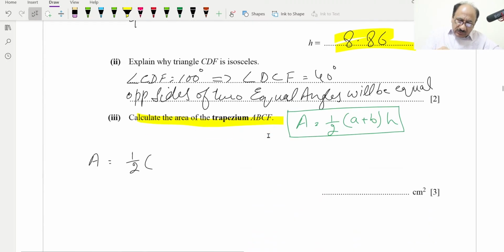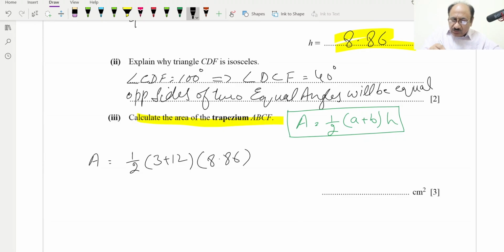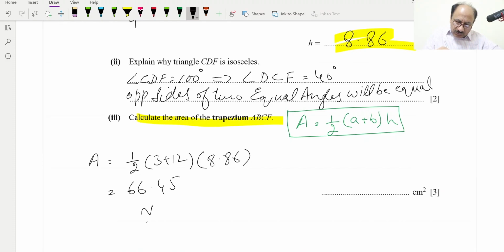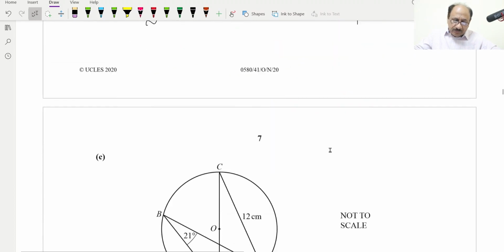So this will be 3 plus 12, and this will be 8.86, which is the height we have calculated, and we can multiply by 0.5. Multiplication of 3 plus 12 will be 15, into 8.86, and this will be equal to 66.45, which we can approximately write as 66.5. 66.5 will be our answer, centimeter square.